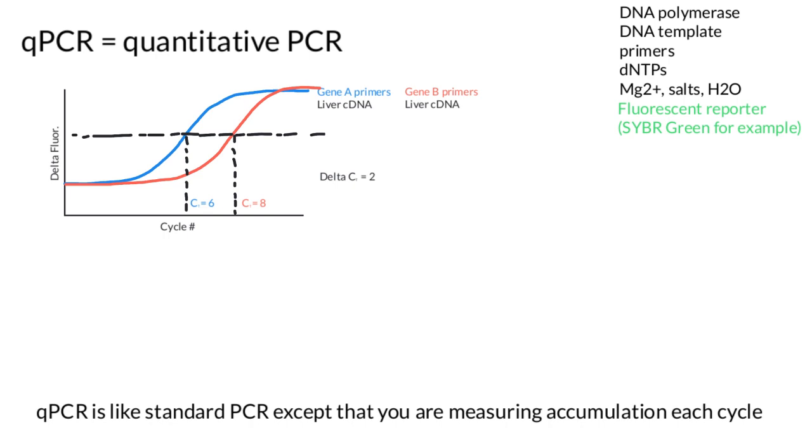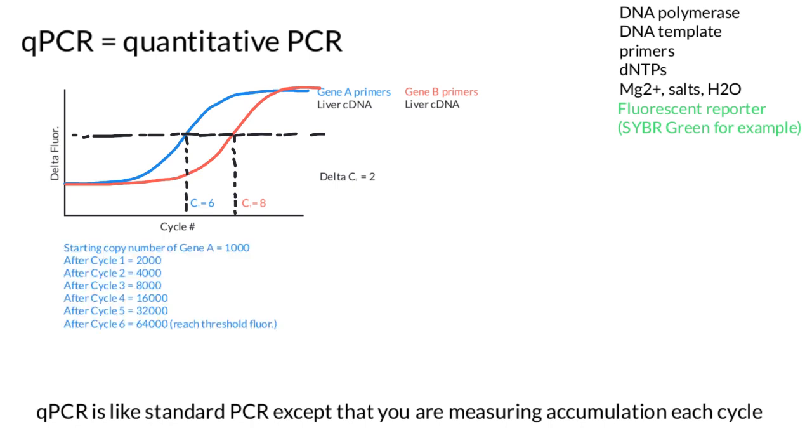What this tells us is there was more of the blue gene A in that sample than there was of gene B, assuming that the primers are working efficiently in this reaction. Since each cycle of PCR should be, hypothetically speaking, doubling that PCR product, then a 2-cycle difference is really a 4 times difference in initial amount.